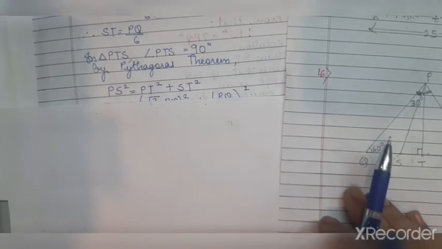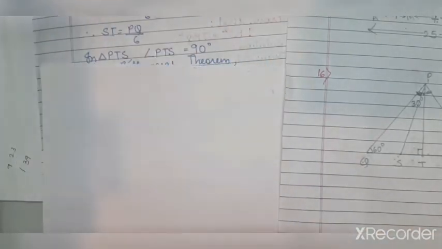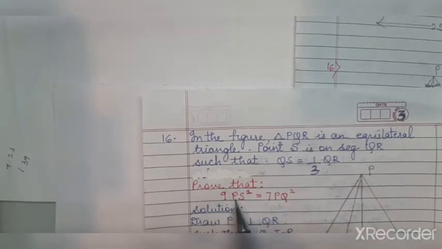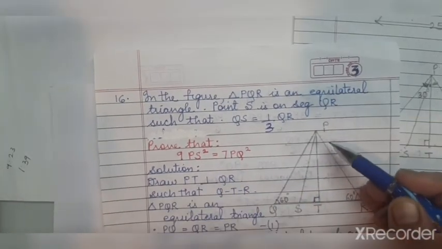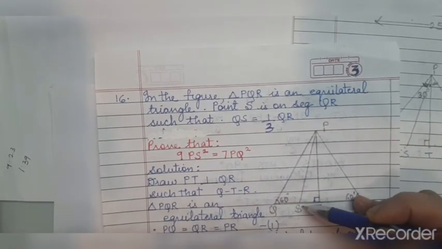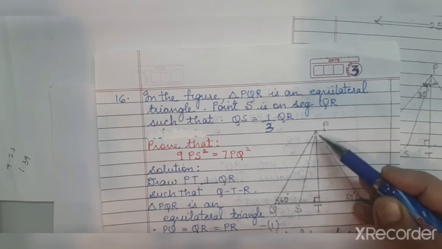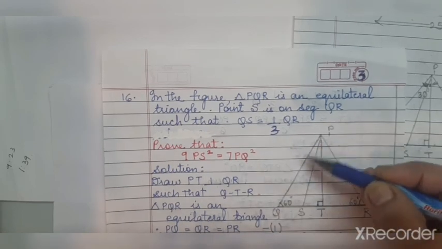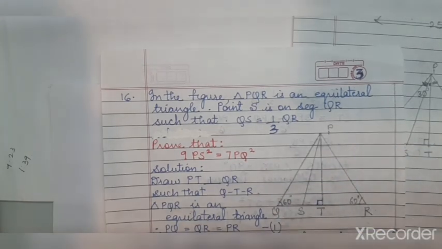Because what is asked to prove is PS square and PQ square. If we take this particular triangle PTS, we will get PS, but we will not get PQ. But PQ we can get from this bigger triangle. So we'll see how we can do that.